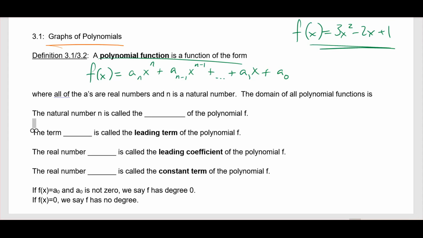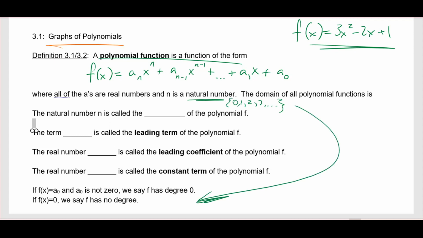All of the A's here are representing real numbers, and the number n is a natural number. So we remember what natural numbers are. These are 1, 2, 3, and so on. Okay, well, I guess we should include 0 here, right? So these would be whole numbers.